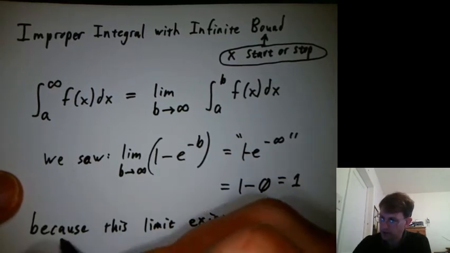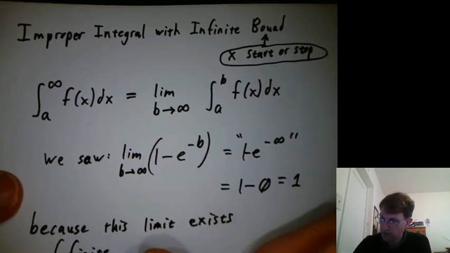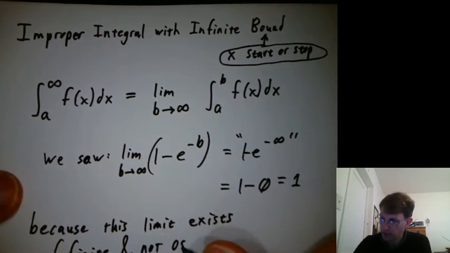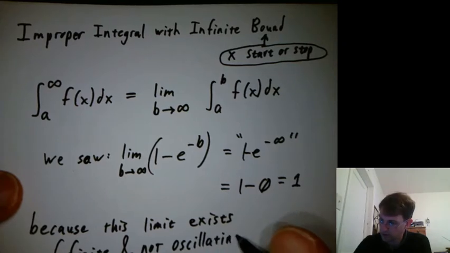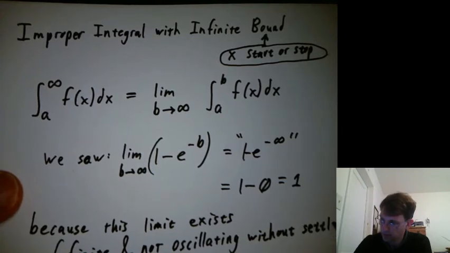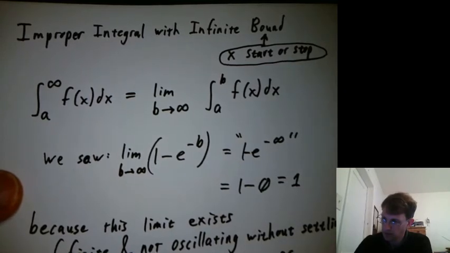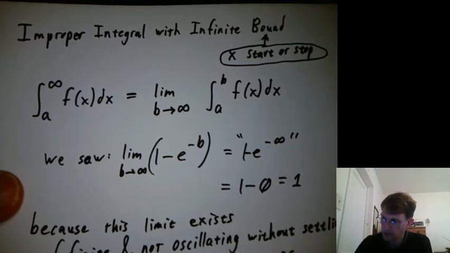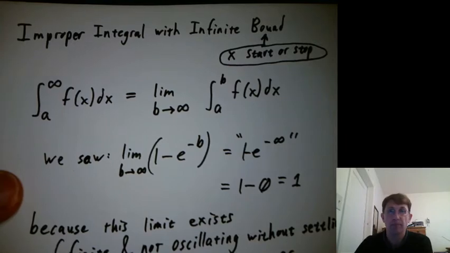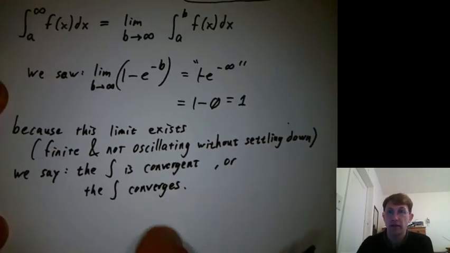So the limit exists, it's finite and not oscillating without settling down. We say the integral is convergent, or the integral converges. And if that fails to happen, we say the integral is divergent, or the integral diverges.